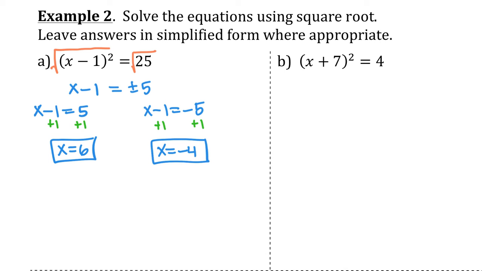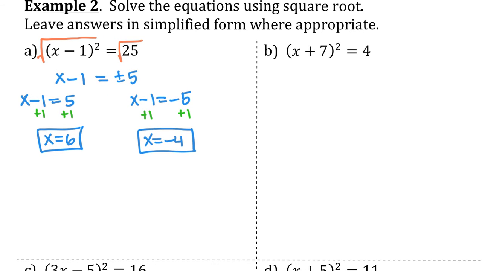Okay, I'm going to do the same steps for B. It has a squared, so let me square root it. That canceled out the squared, but I still have x plus 7 equals, square root of 4 is 2, but because it was squared, I get positive and negative 2. Okay, I'm going to split it into 2.